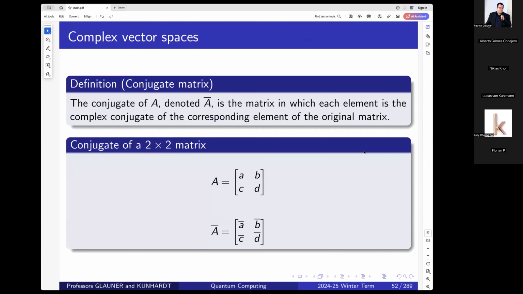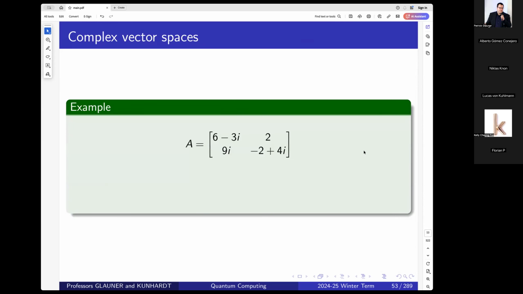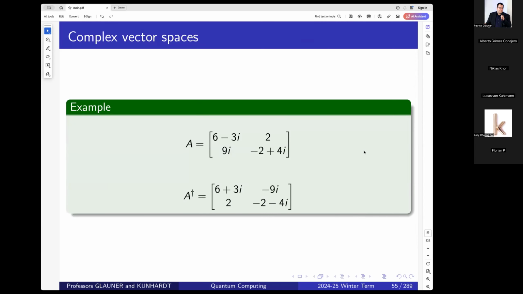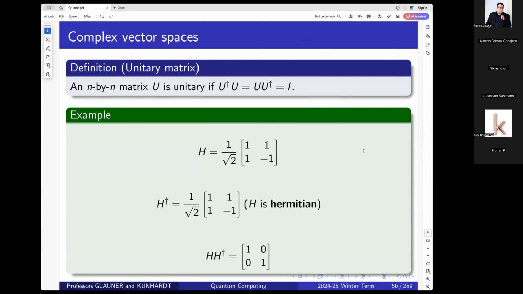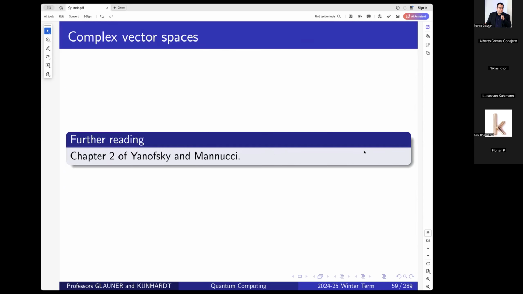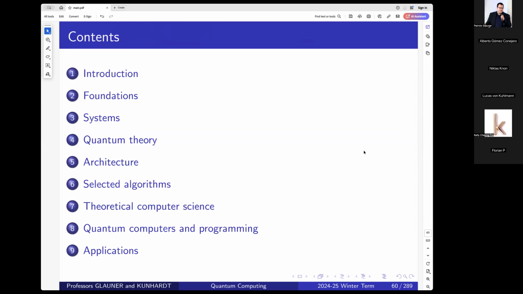And there are a few new concepts that we'll explore next week of what you can do in a matrix or a vector with complex numbers. And these are super important operations that we will need in our quantum gates in a couple of weeks. So we're just building the foundations for all we need in our fundamental quantum gates. So the complex vector spaces next week, we will finish.